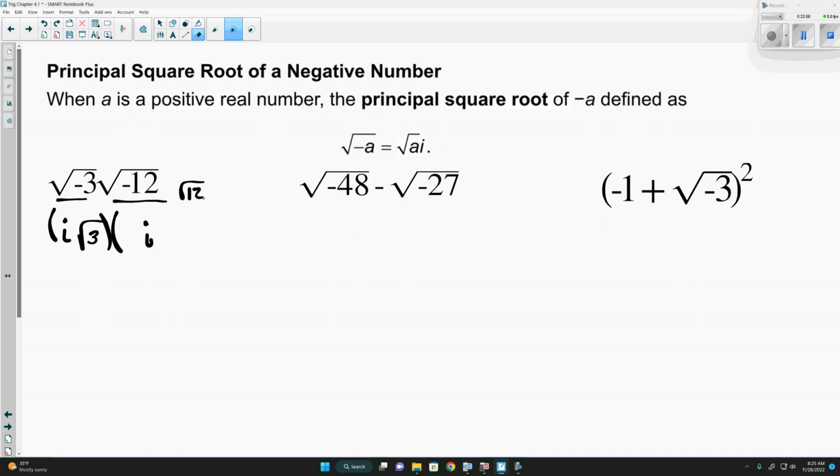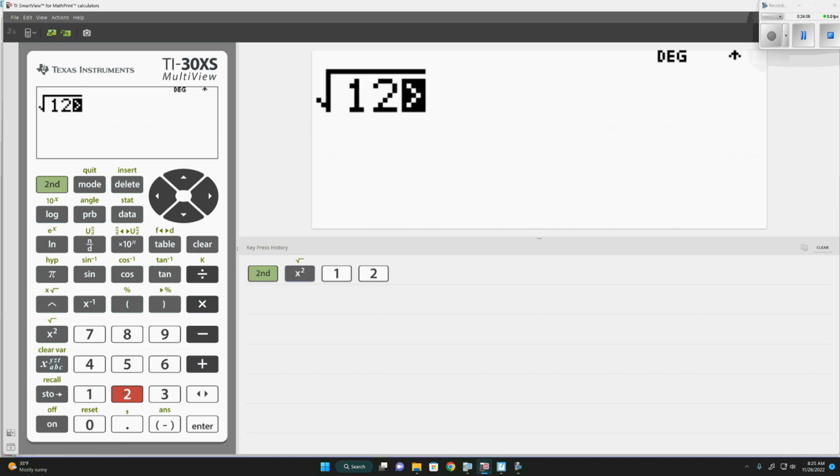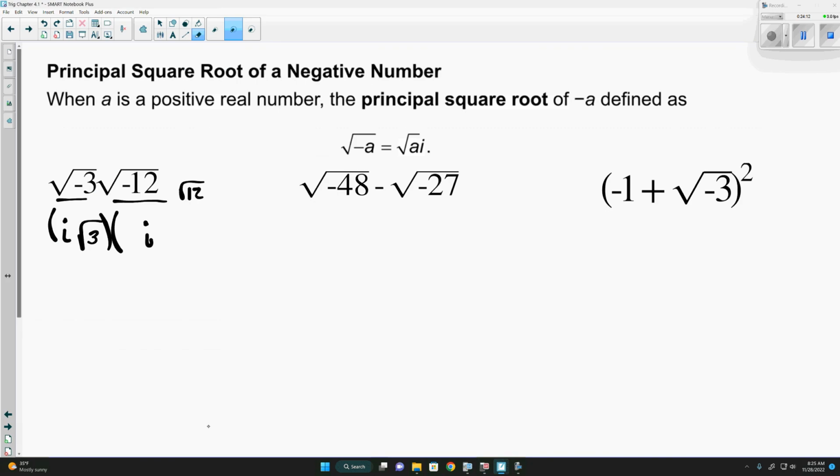Now, the square root of 12 is not a perfect square. However, the other calculator, the 30xx, if I take the square root of 12, it tells me that it is 2 square root of 3, which means square root of negative 12 is 2i square root of 3.